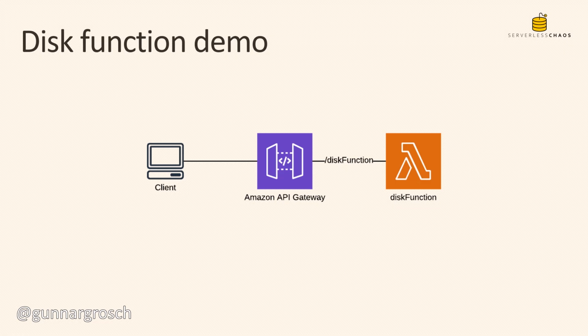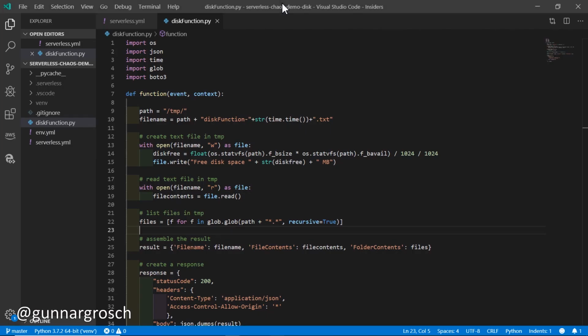So an extremely simple demo in this case, but it's going to show how we work with storing data in the temp directory. So let's jump on over to Visual Studio Code as we usually do and look at what the function really does. It's a Python function. We first off just define the file name for a file to create.